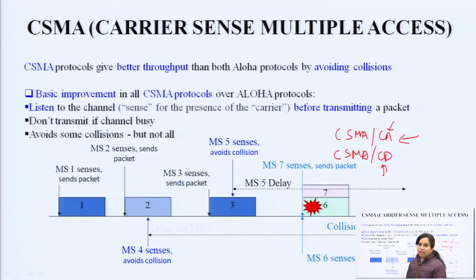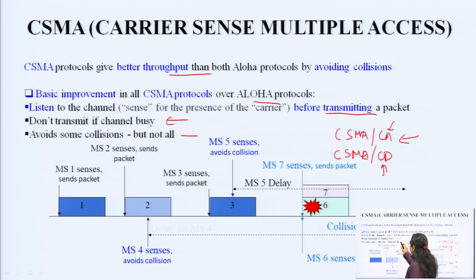CSMA protocols give better throughput than both the Aloha protocols by avoiding collisions. The basic improvement is that they listen to the channel before transmitting a packet, and will not transmit if the channel is busy. There is a set of rules they follow so that collisions are avoided.